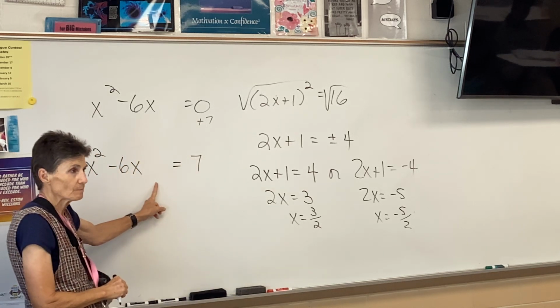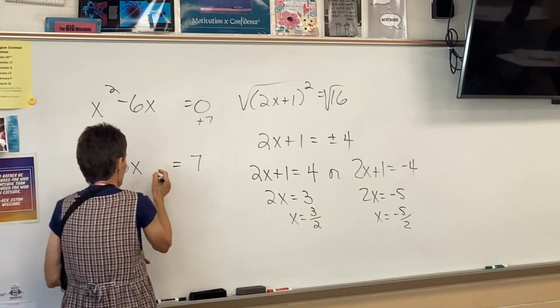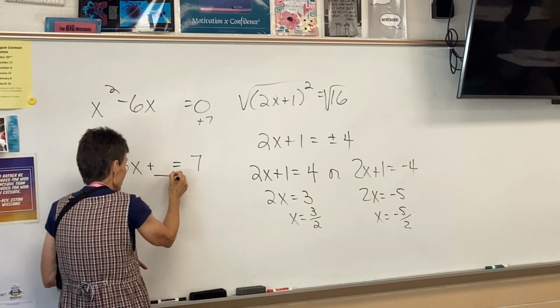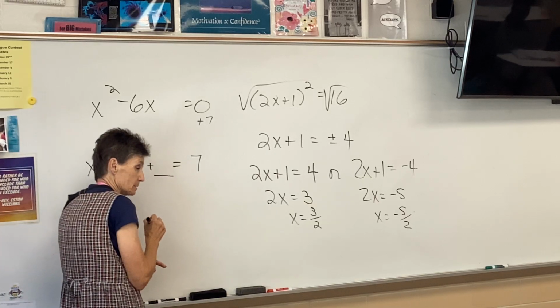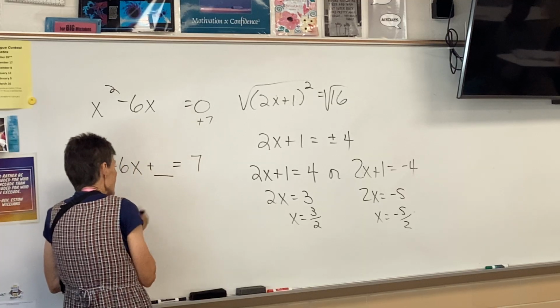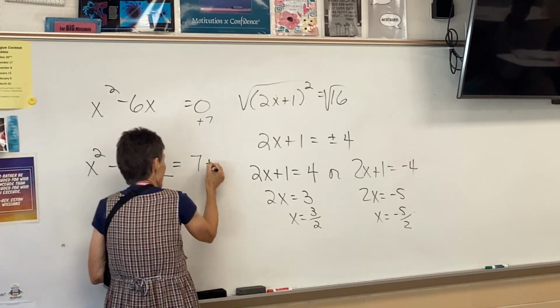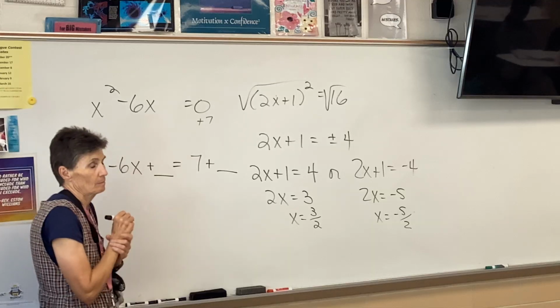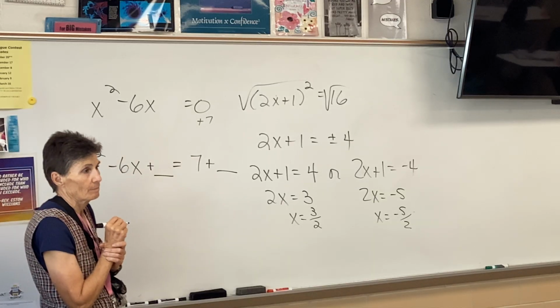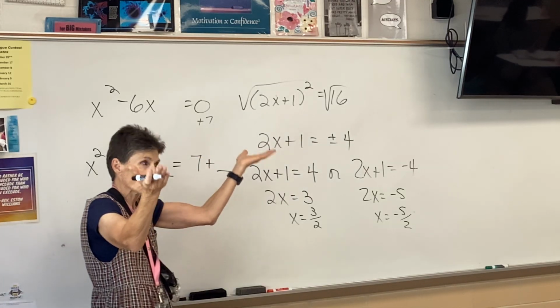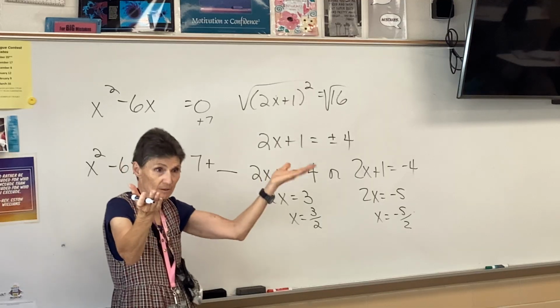Is that okay? Now, we're gonna fill that gap with a number. And of course, if I put it here, I'm also gonna have to put it here. It's an equation. If you add something over here, you gotta add it over here.